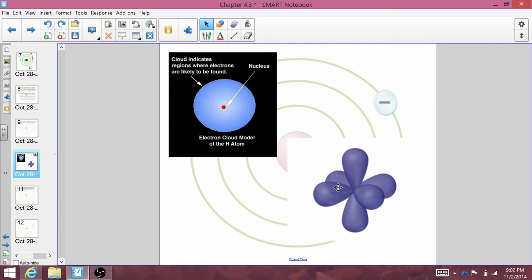These are the orbitals. These are telling us that the electrons are likely to be found in any of these places at any given time. And this visual picture here is what we would call the electron cloud. So it's really weird because we're not saying the electrons are in this space. We're saying the electrons are likely to be found in this space, and they could be found anywhere within that space at any time.